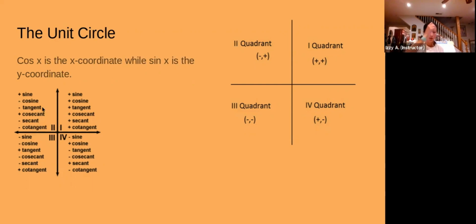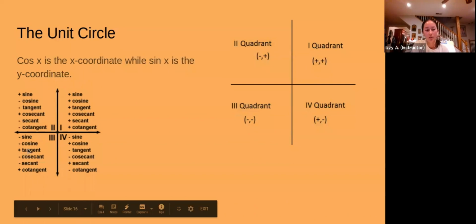And then down here below, because sine and cosine are both negative, their reciprocals, cosecant and secant, are going to be negative. However, tangent is equal to cosine over sine, and that would be negative over negative, which ends up being positive. So tangent and cotangent are going to be positive in the third quadrant.